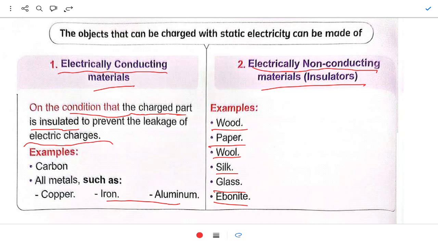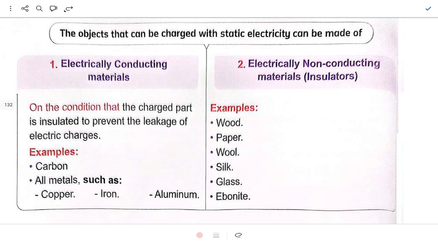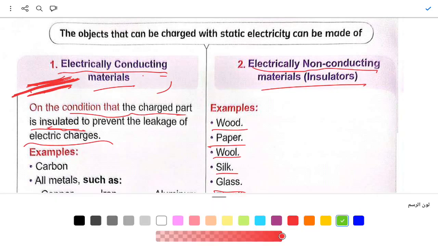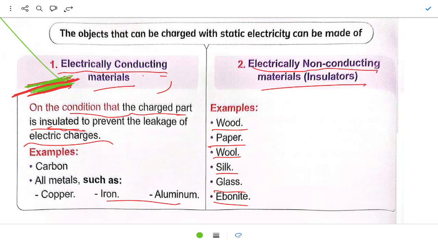So this part of an electrically conducting material like a copper rod must be insulated with plastic or anything. So there is some plastic covering this rod or this wire. It is insulated to prevent the leakage of electric charges.